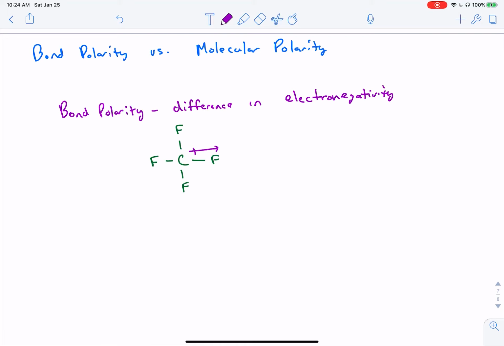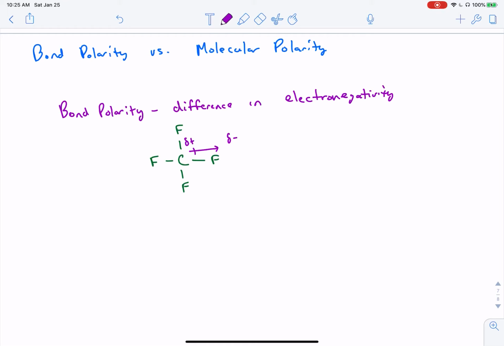So it forms a partial negative and a partial positive charge in that structure. Okay? And we're only talking about bond polarity right now. We're not talking about all the C to F bonds. We're talking about just one C to F bond. And like Mofe was saying earlier, the difference in electronegativity tells you the type of bond there is.